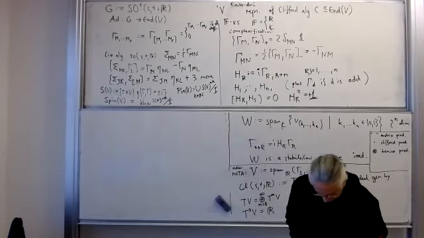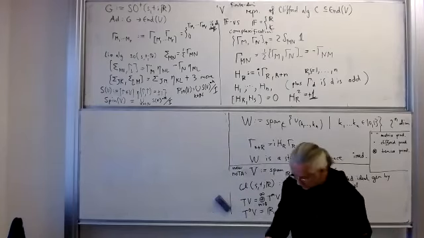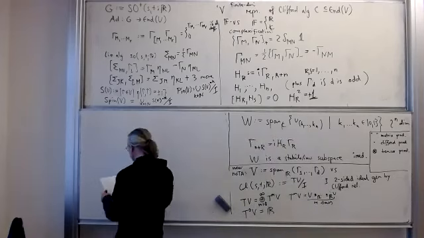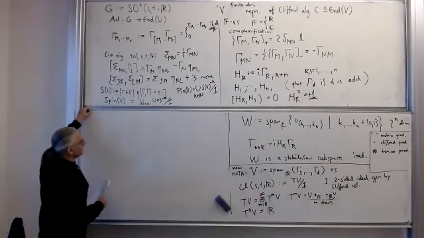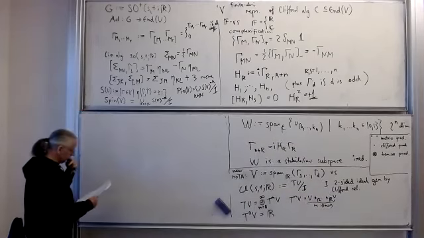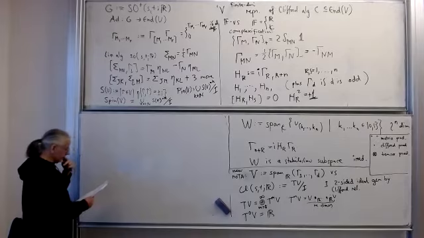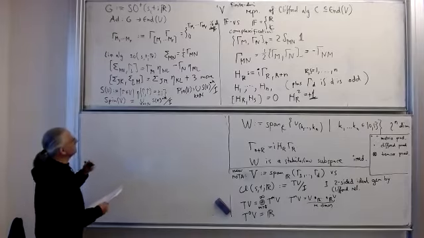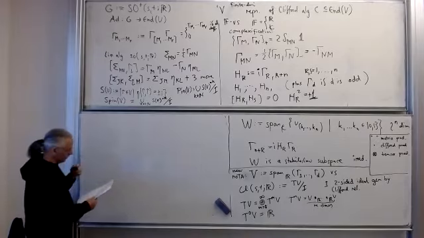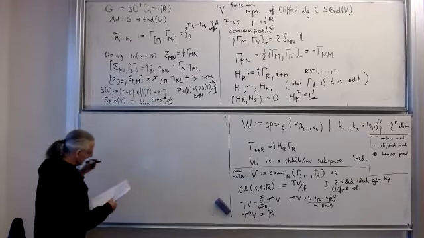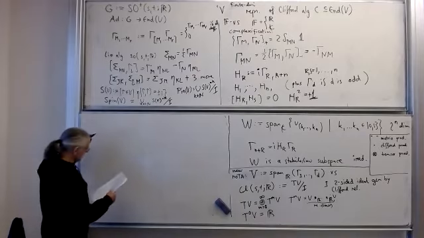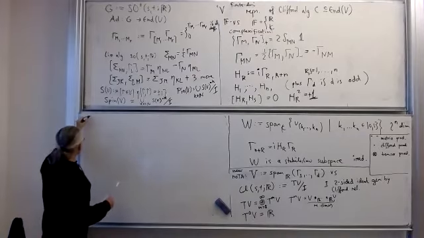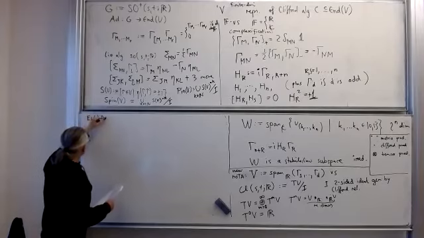Okay, so the next thing is how do we make a basis in practice? Well, how do we make a basis from Pauli matrices? We will start in Euclidean signature.